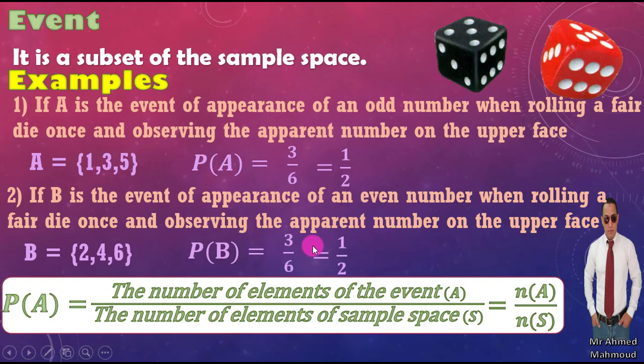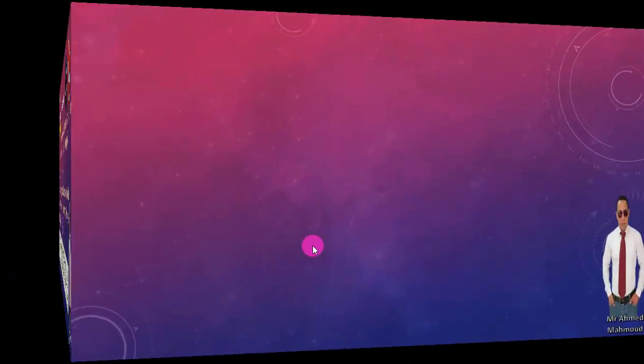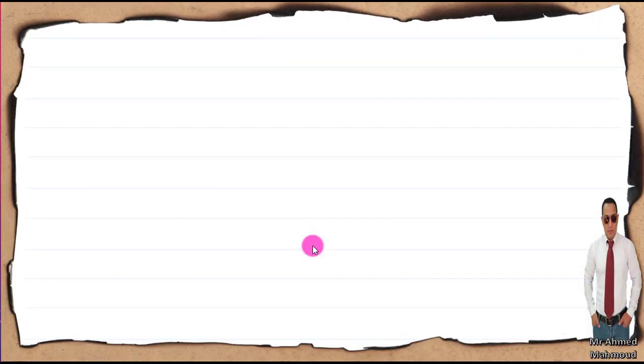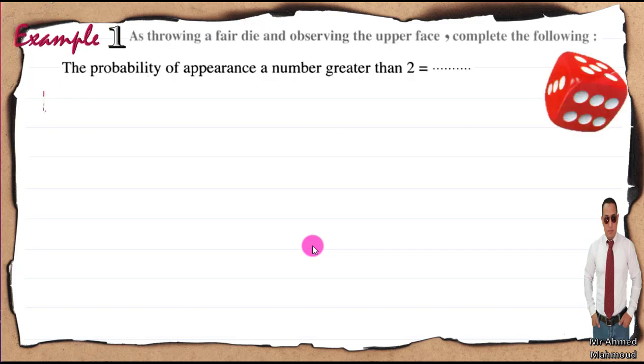Now let's solve the next question. Example 1: we are throwing a fair die and observing the upper face. Complete the following. First, the probability of the appearance of a number greater than 2.